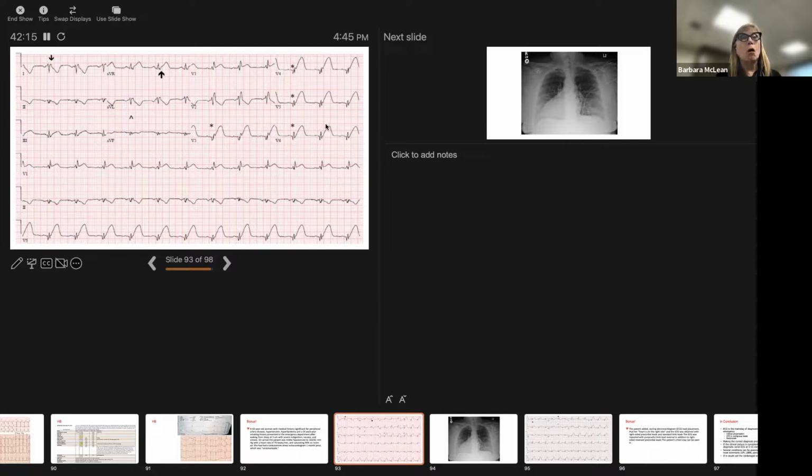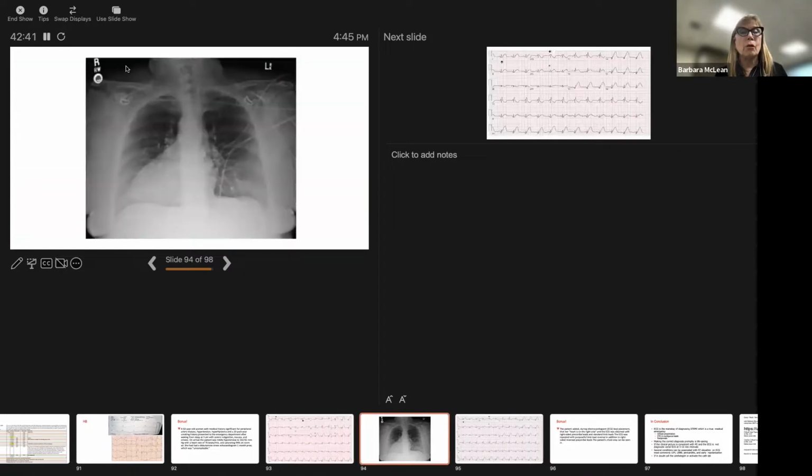Now, what's also really important is that she has abnormality in lead 2 and aVL, which doesn't necessarily guide us to anything. But what is really important here is in the extreme right-sided lead, aVR, she has ST segment elevation. That is completely abnormal.